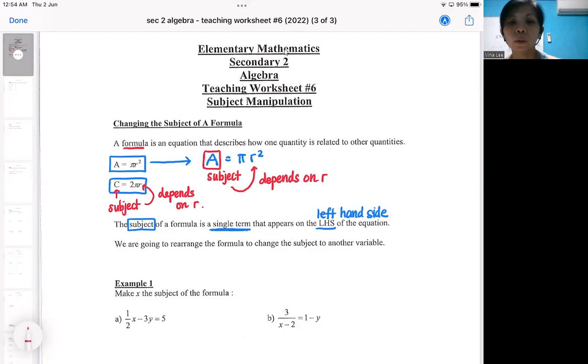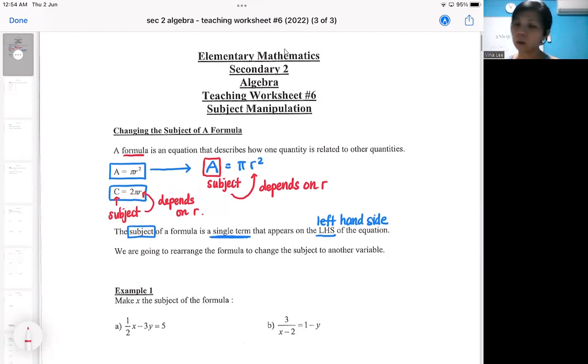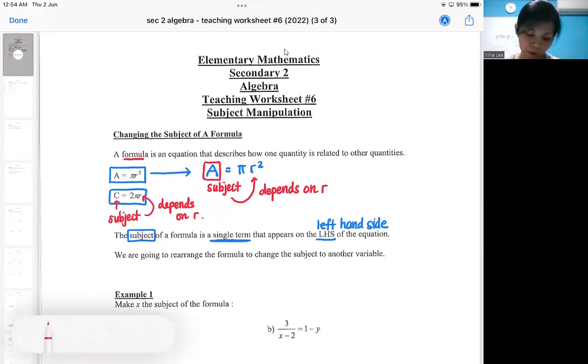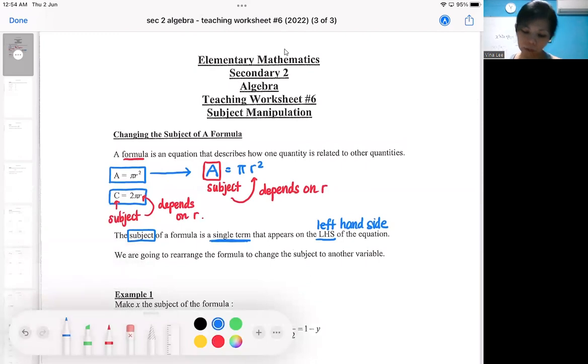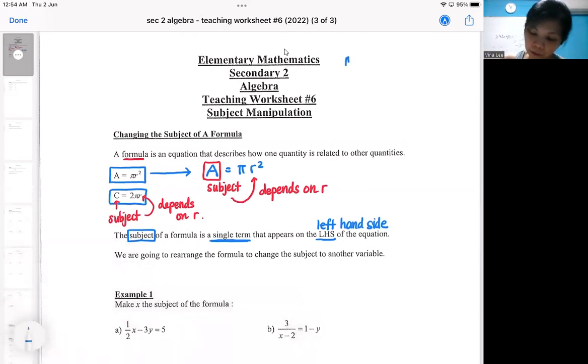We are going to do some manipulation to change the subject. There is one big idea that you need to understand. The phrasing will be something like make X the subject or make Y the subject. That will be the general phrasing. Whenever you have phrasing like this, for example, make X the subject, you have to understand that the X should be on the left side.